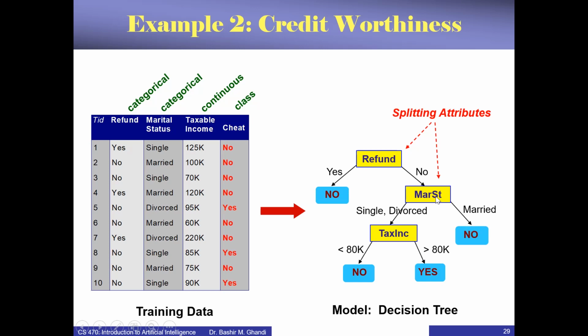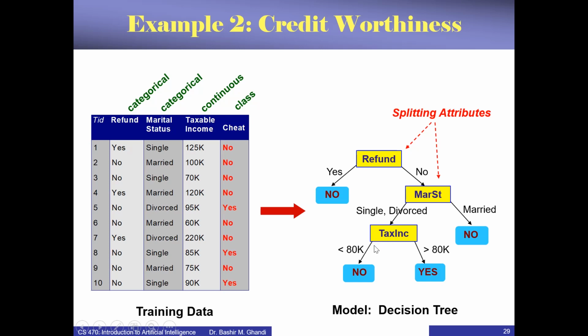Okay, now what if he is not married? Then he could be single or divorced. So in that case we choose the income to see whether we can distribute the rest of the data.